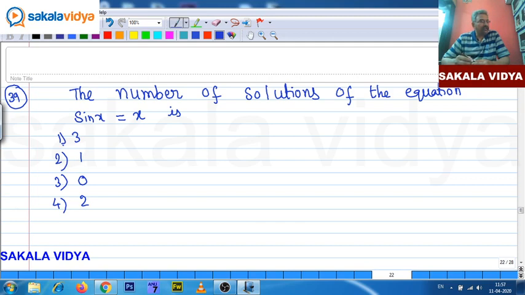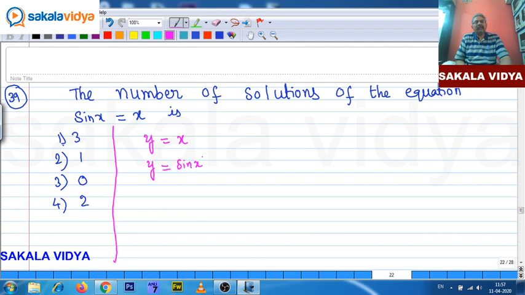Okay, right now, in order to solve an equation with a trigonometric function and an algebraic function, we need to draw the graph. That means we need to draw the graph of y is equal to x and y is equal to sin x. The intersections of these two give the solutions.